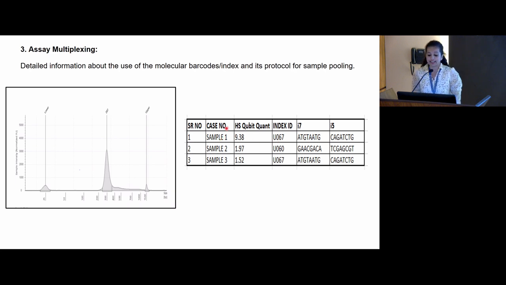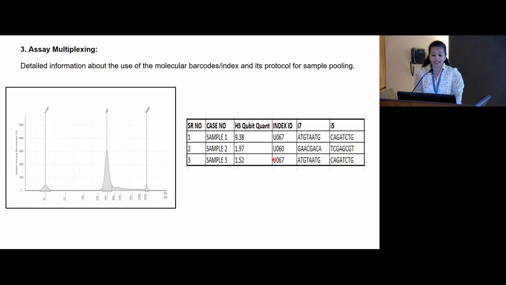So if we have 96 well plate indices, and we are using the same indices for two different samples in a single run, and the Qubit count of one sample is 9.38 and the second sample is 1.52, then during sequencing the whole reads will be generated for sample 1 and sample 2 data will not be generated, as they have the same indices.